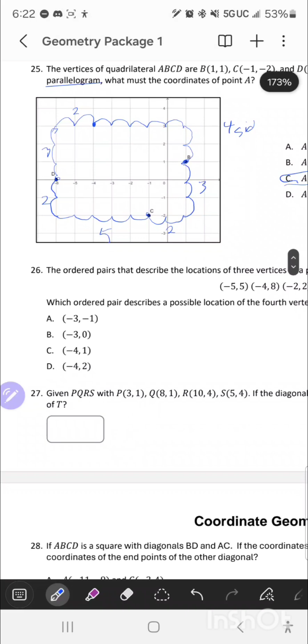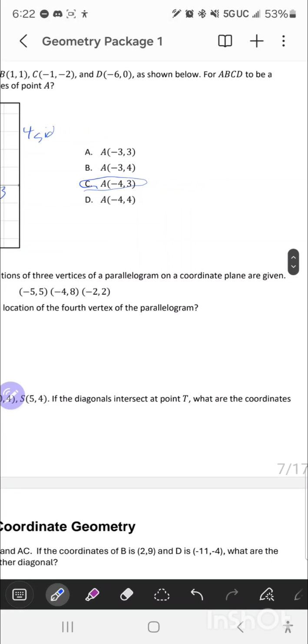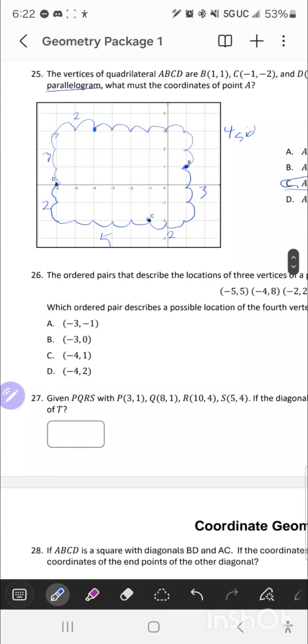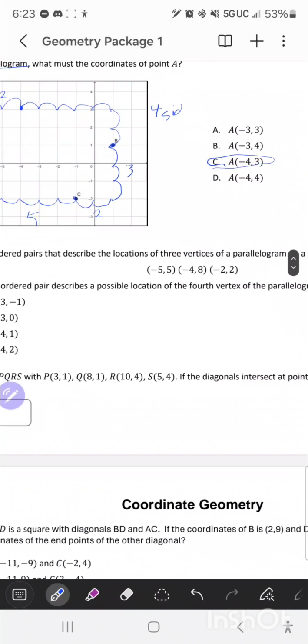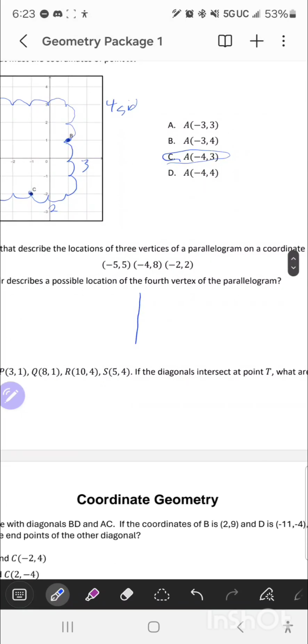Question 26. The coordinates that describe the location of 3 vertices of a parallelogram on a coordinate plane are given. Which other coordinates describe a possible location of the 4 vertices of the parallelogram? In my personal opinion, I'm going to do the same. I'm going to draw the x coordinate.